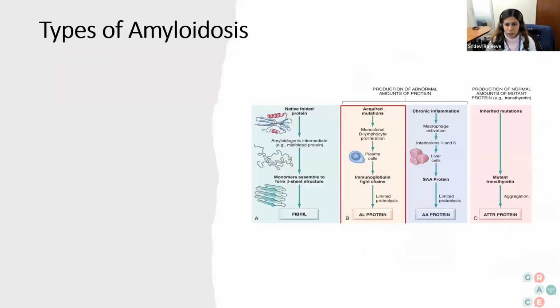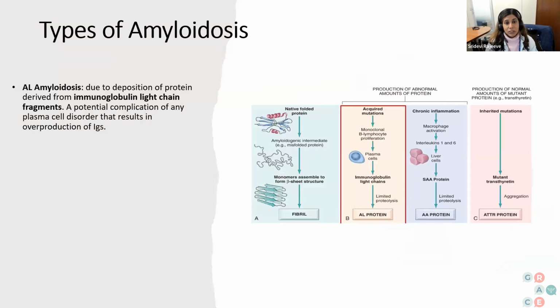Going into a few more details about the types of amyloidosis: AL, which is going to be the focus of this talk, is due to the deposition of a protein derived from immunoglobulin light chain fragments. This is a potential complication of any plasma cell disorder such as multiple myeloma, monoclonal gammopathy of undetermined significance, Waldenstrom's macroglobulinemia, etc. These are plasma cell disorders that eventually result in an overproduction of antibodies.